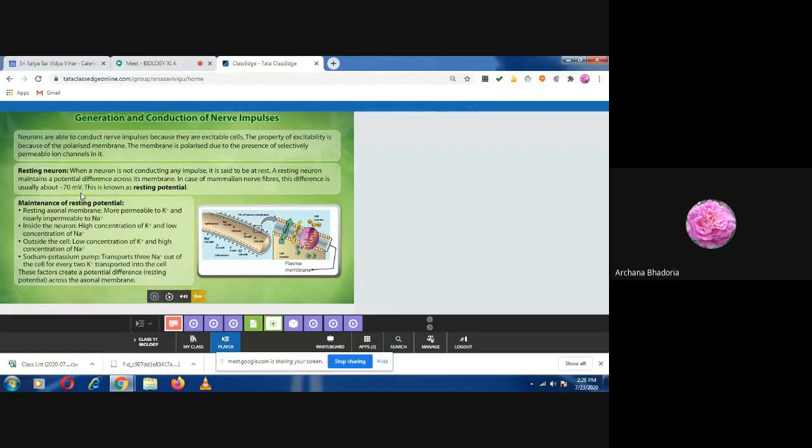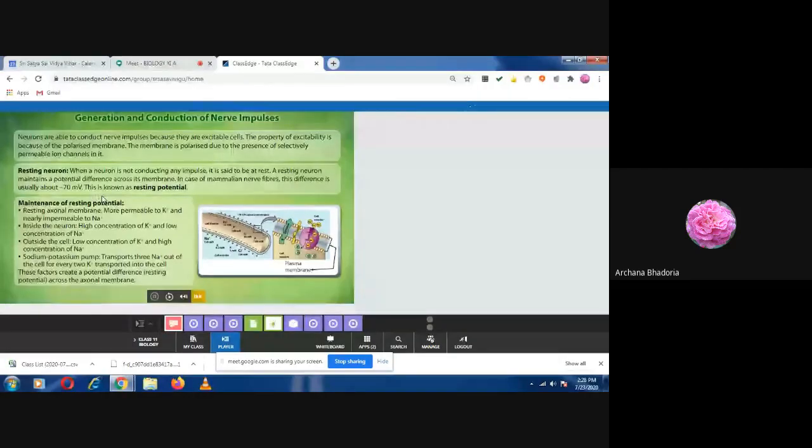Noted this much. Then write down: thus, during this stage or during the resting potential, the sodium ions are more outside the cell membrane and is positively charged, and potassium ions are more towards the inside or inner side of the membrane and is negatively charged.